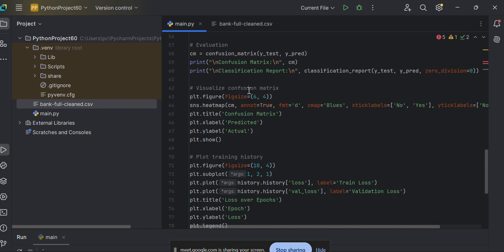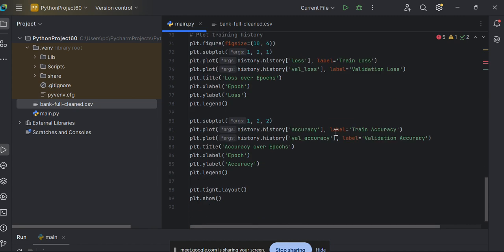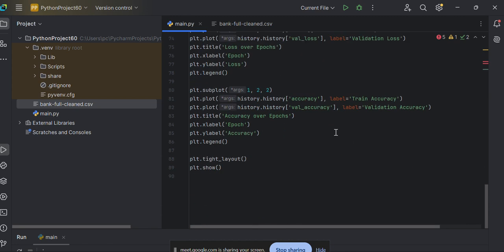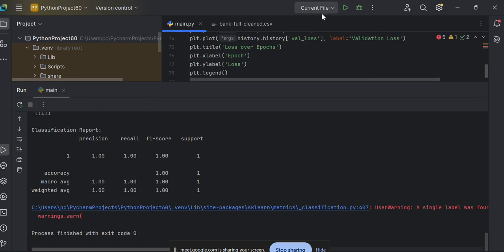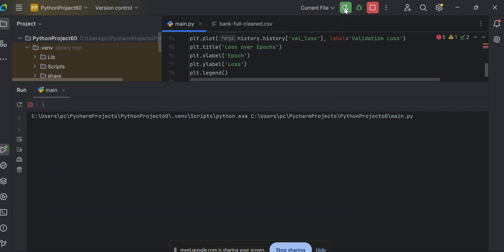Next, visualizing the confusion matrix. We take one figure with size 6, 4, and the title confusion matrix, with predicted and actual. We have also added some extra code to find the accuracy. Let's run this code.